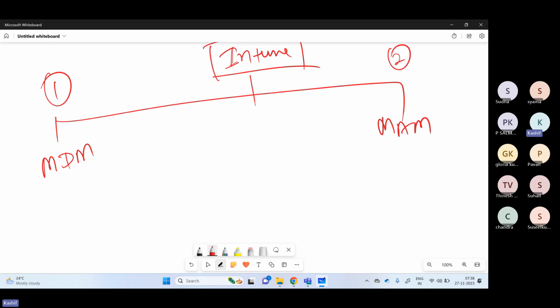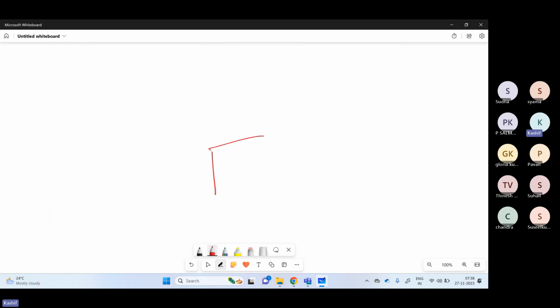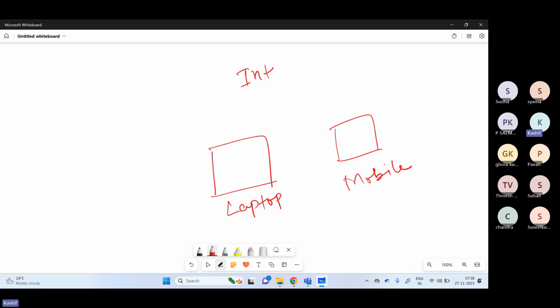But why do we need to manage devices? What is the reason to manage devices? Suppose I am using a laptop. This is my laptop and this is my mobile. Why do we have to manage the device from Intune? With management, we can deploy policies to the devices. We can deploy configurations to the devices.